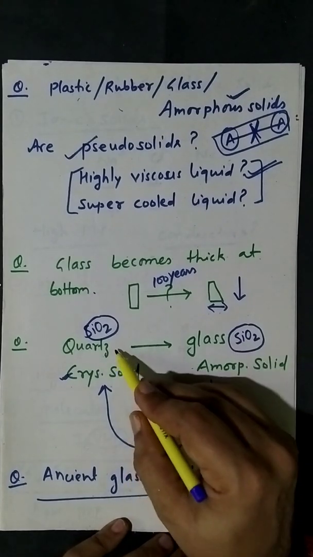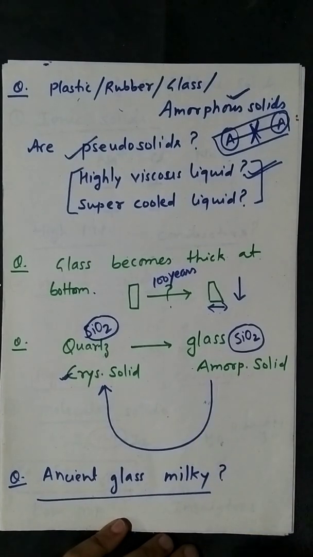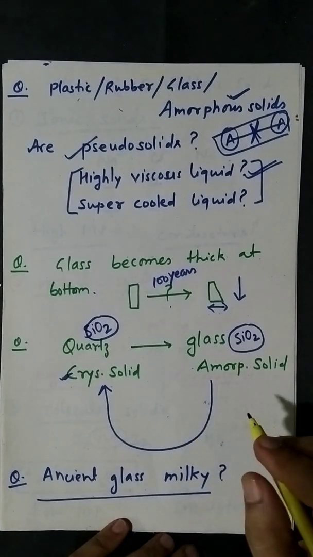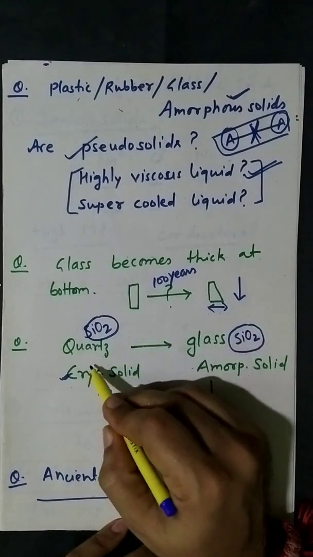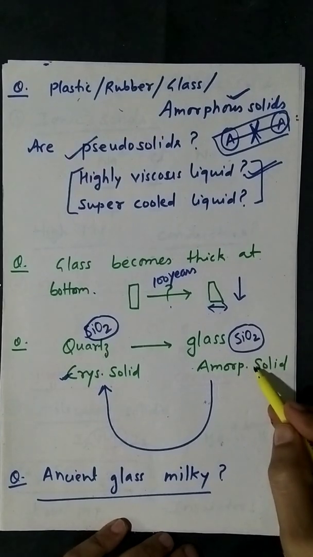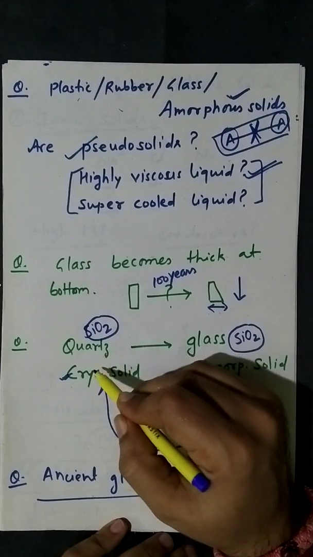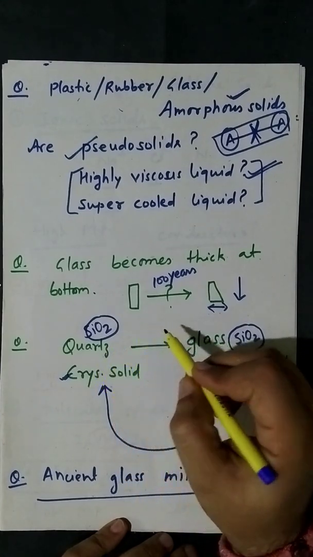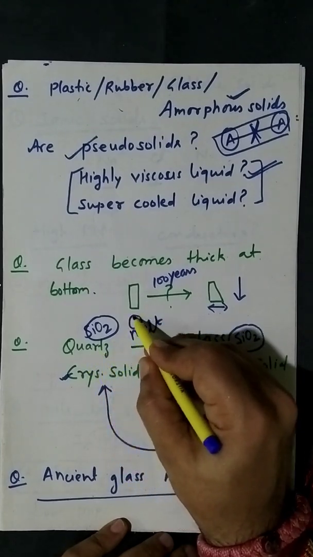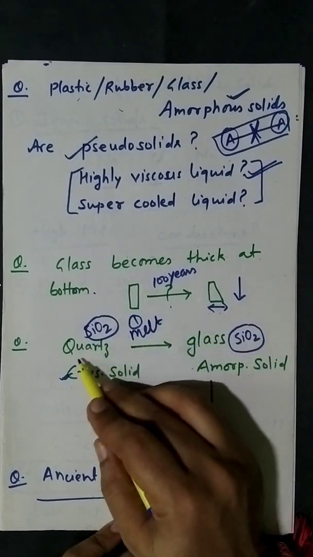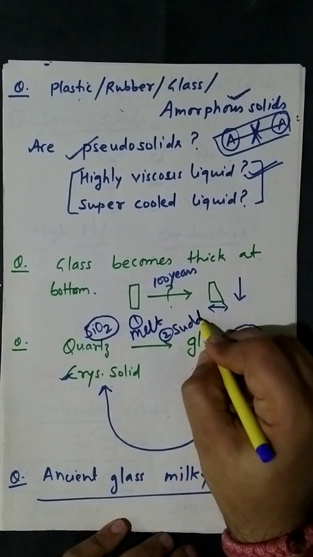The question is how can you convert quartz into glass and glass into quartz? Now to convert quartz into glass, because this is a regular arrangement and we have to convert it into irregular or random arrangement, first you need to induce motion in particles. And to start motion in particles, you have to melt quartz. Once you melt the quartz, the particles are in motion, they can change their position, and then implement sudden cooling.